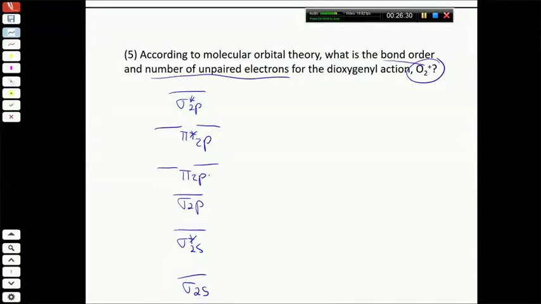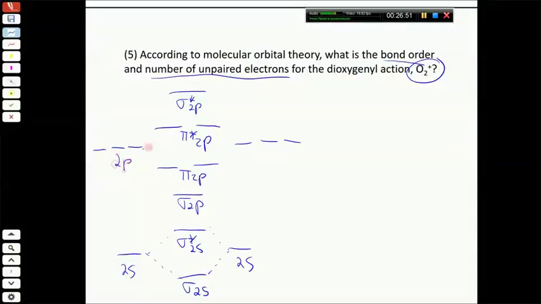As we showed in class, you can also show on the diagram the atomic orbitals that these came from. This part is not terribly important for answering these types of questions, but it does give more completeness to the diagram. So as we already said, when you mix two s orbitals together, you get sigma and sigma star. And then these orbital levels up here come from mixing two sets of 2p orbitals.